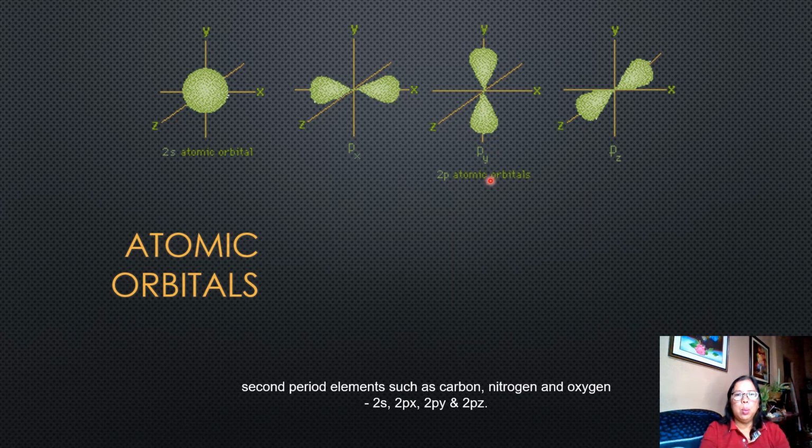And then the py, this lobe is found in the y line or vertical line. And then for pz, you have here this diagonal line.